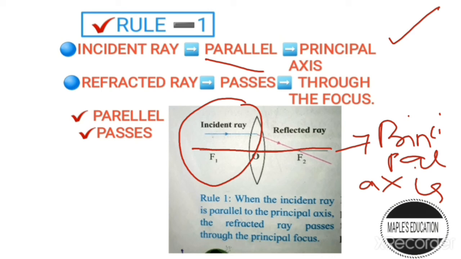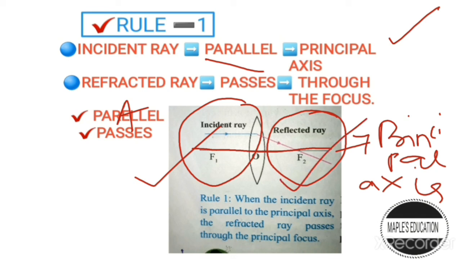So the incident ray is parallel to the principal axis and the refracted ray passes through the focus. You have to remember the terms here, parallel and passes.